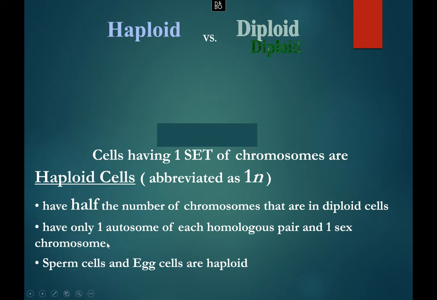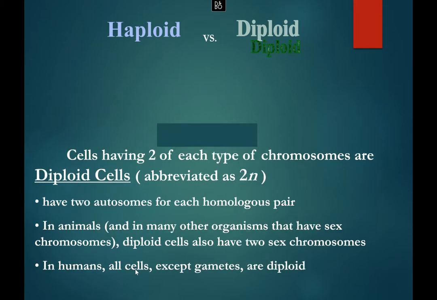So when you think about, let's say, a human egg cell, that cell is designed to combine with another cell. So these will each have half the required chromosomes so that when they come together to make the zygote, you end up with a diploid cell, which is the total number of chromosomes that a cell needs.